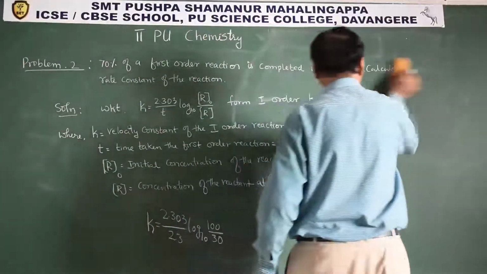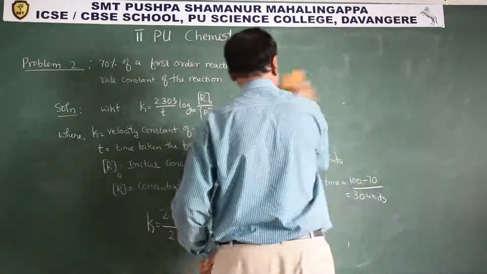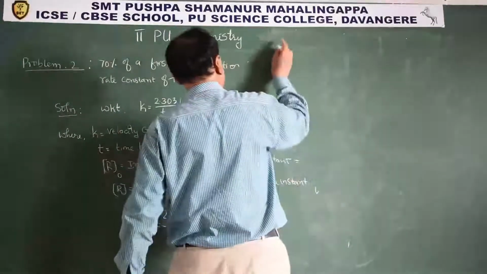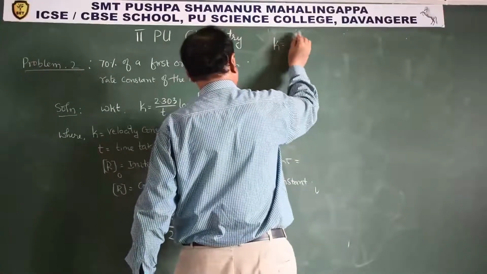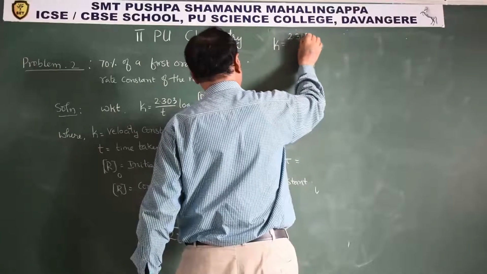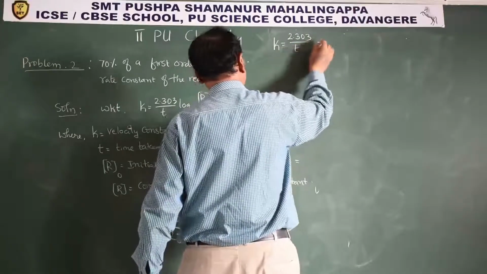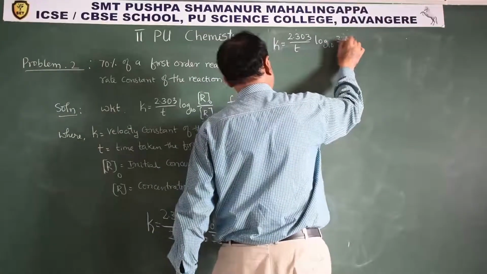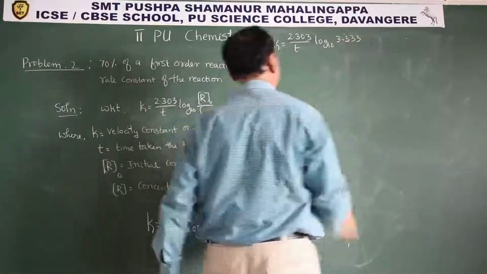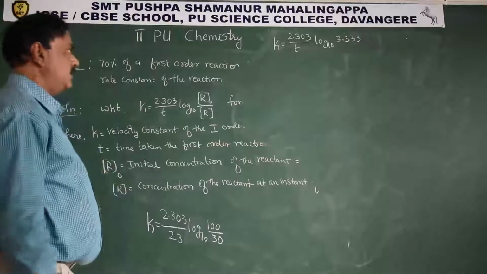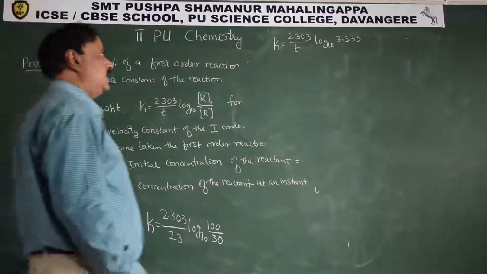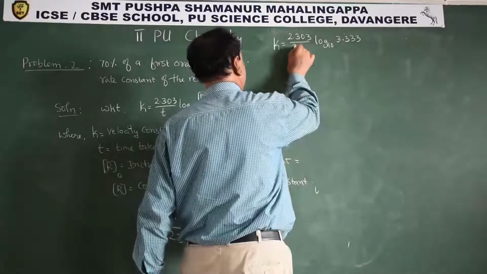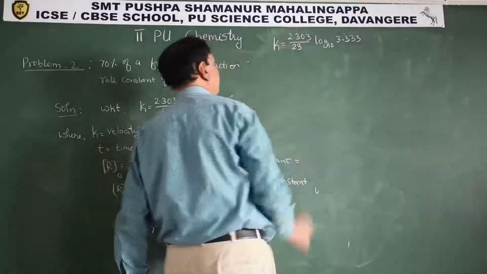This is given by K is equal to 2.303 divided by t log base 10 of 3.333 and so on. 100 by 30 is equal to 10 by 3, that is 3.33. This is 23 minutes.